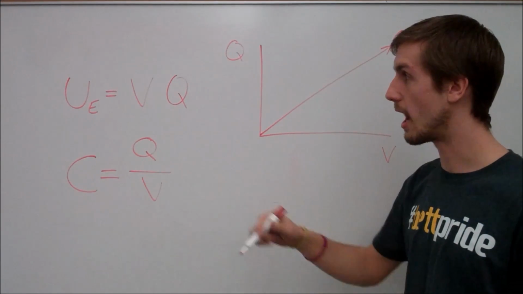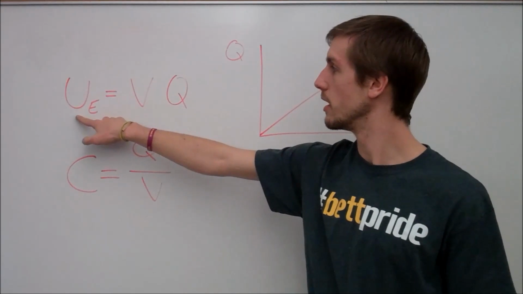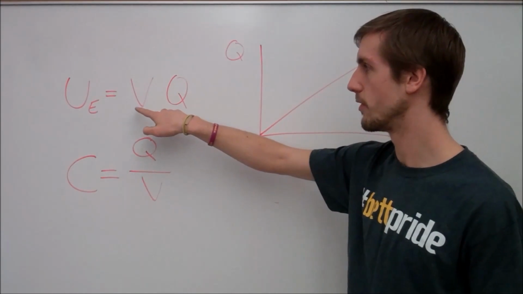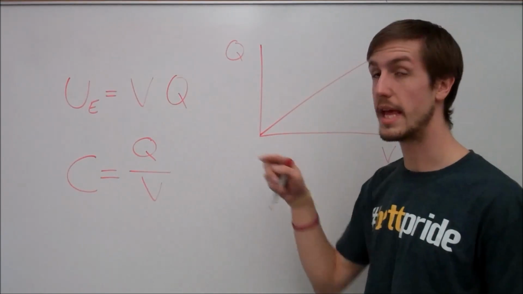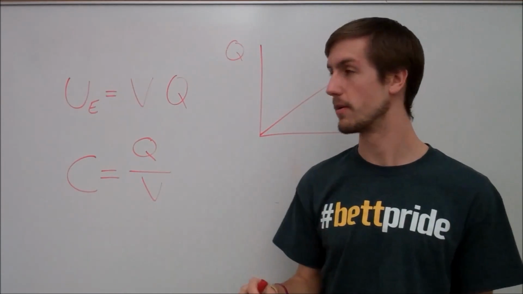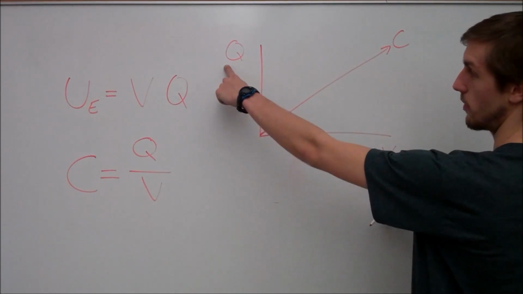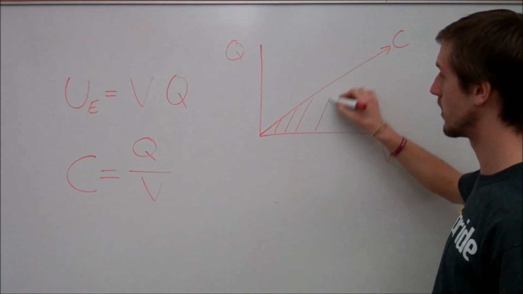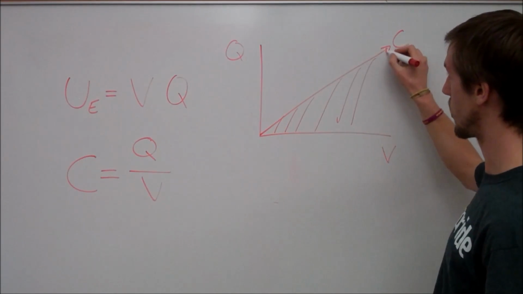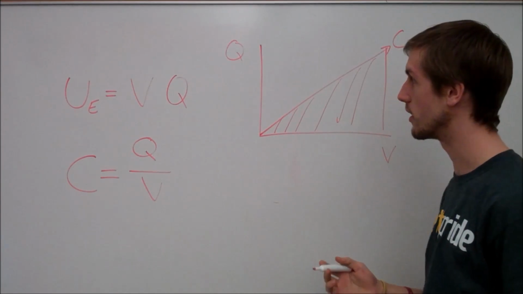But if I wanted to find out how much potential energy is built up, I would have to find voltage times charge. If I'm using a capacitor and I want to find charge times voltage, I'm finding the area underneath my triangle. And you all should know what the area of a triangle is.